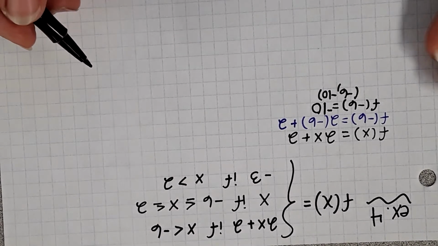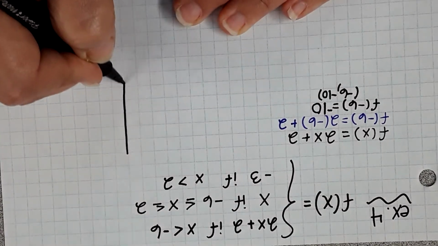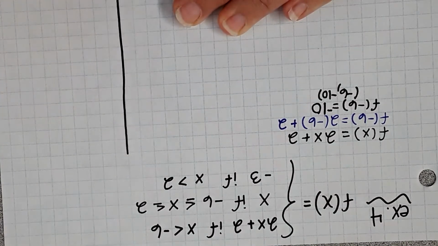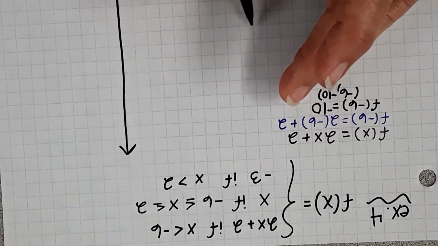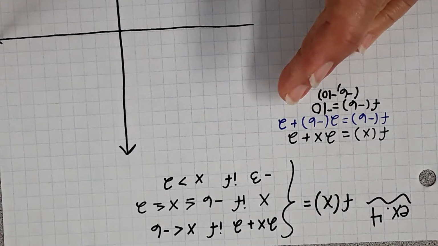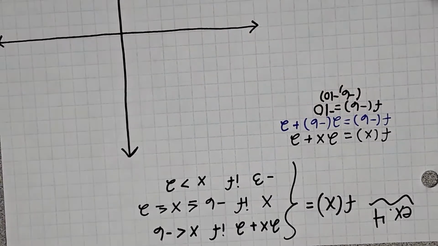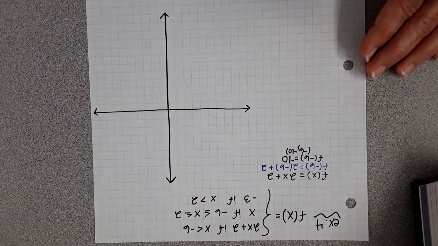Okay. So let's graph this problem. You're going to have to go down a little bit of a ways for the y. Okay, so I'm going to zoom out. There we go.